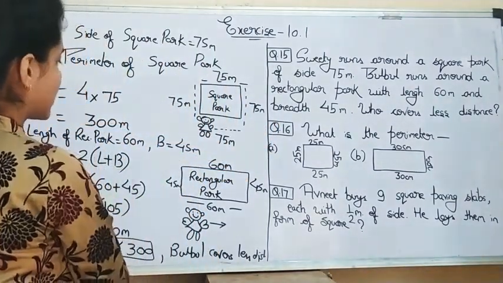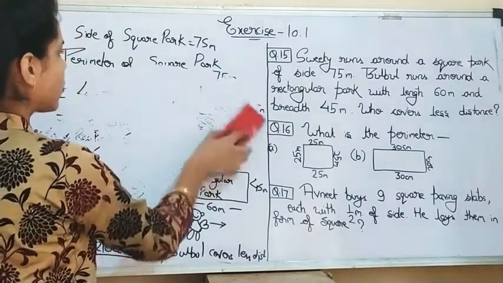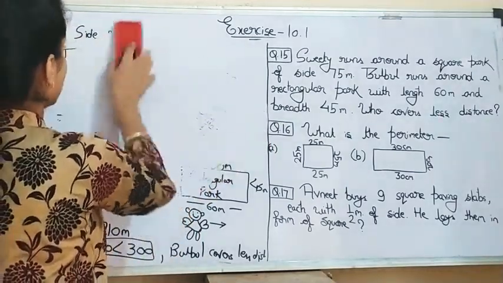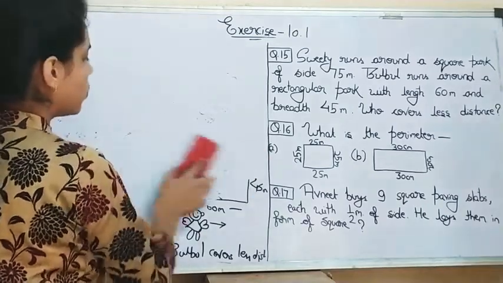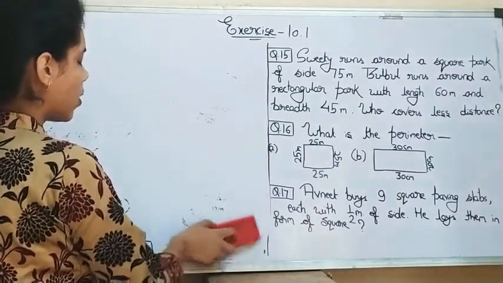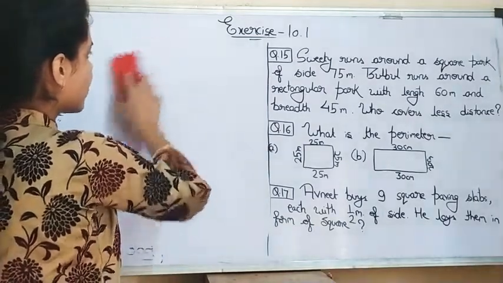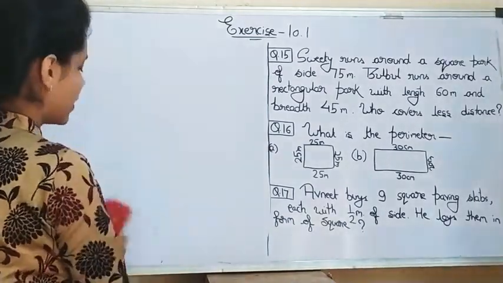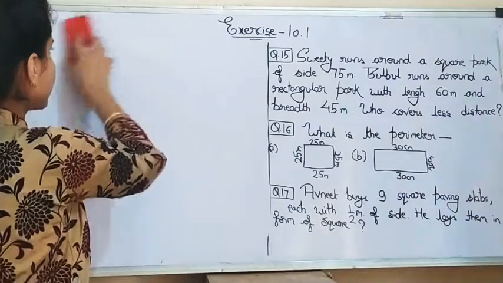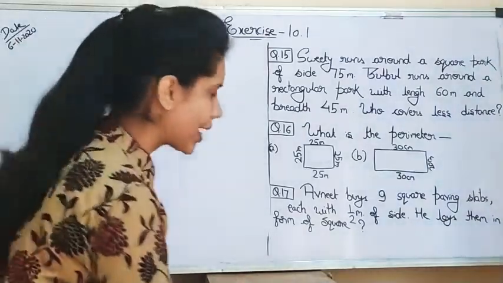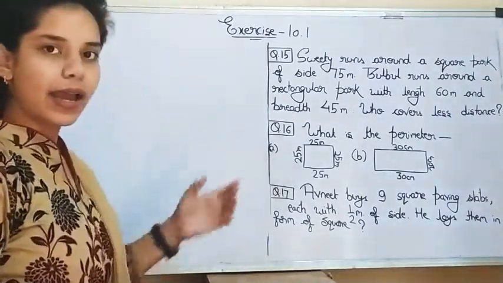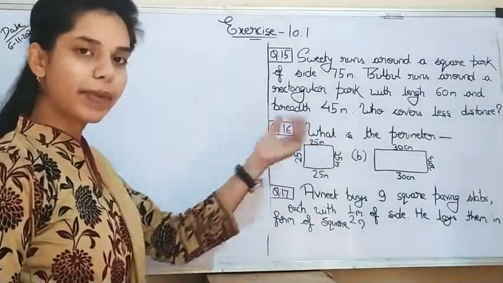In question number 16, we have to find the perimeter. So again, you need to find the length of the boundary. Whatever the measurements of the sides given to you, you just add all the sides and you get the perimeter.